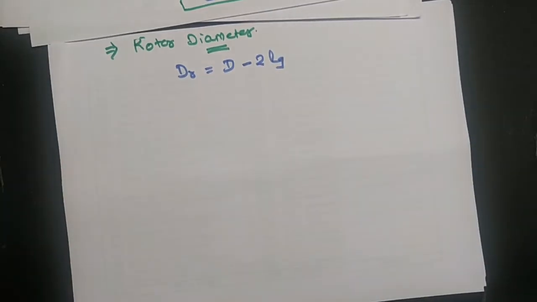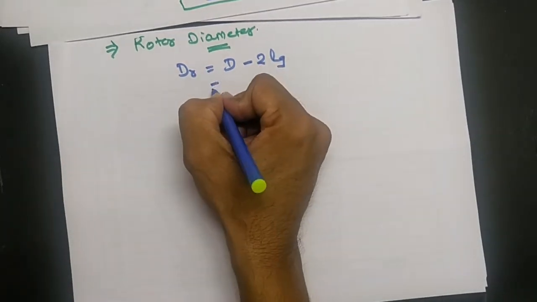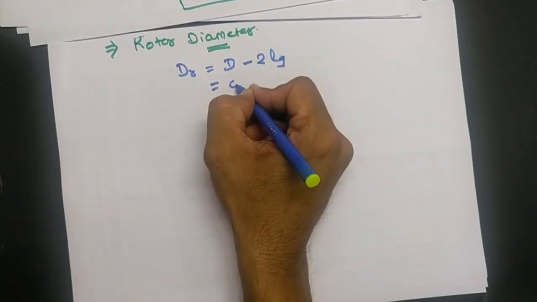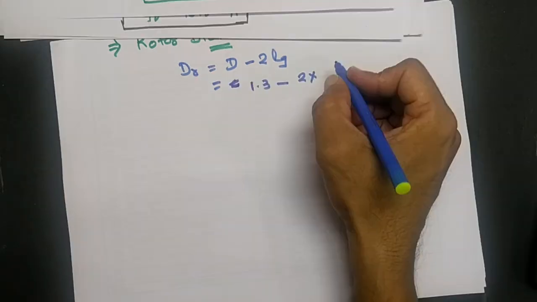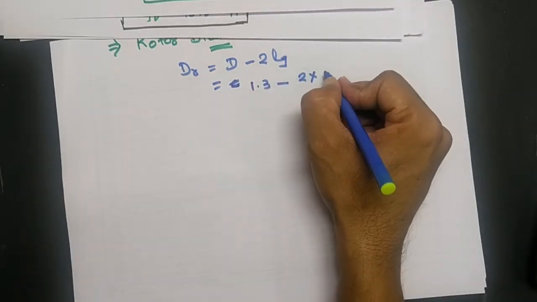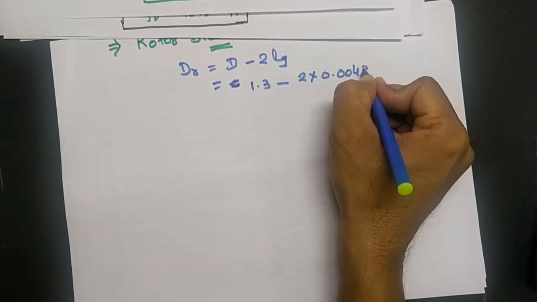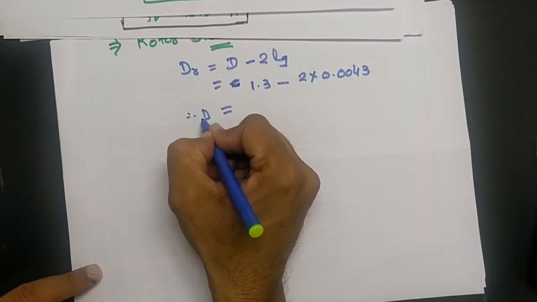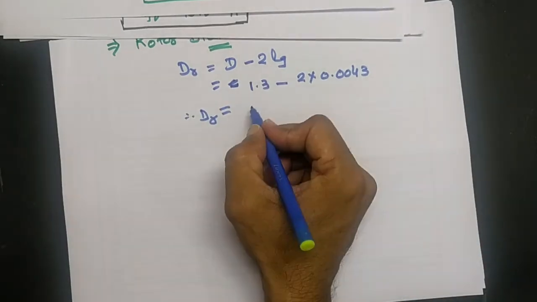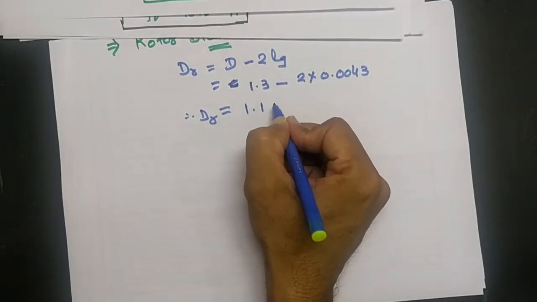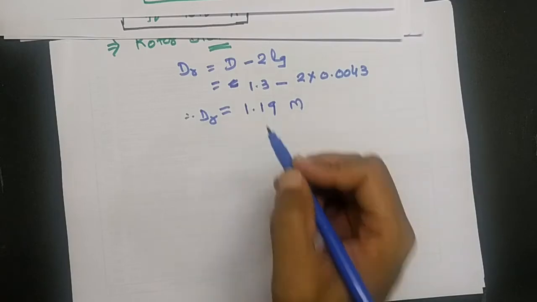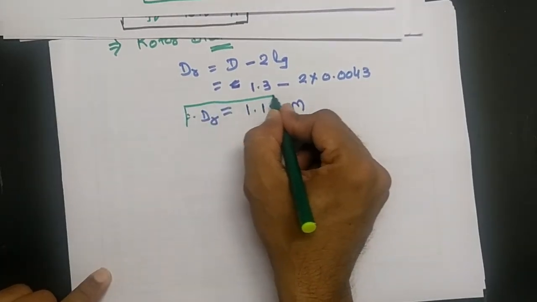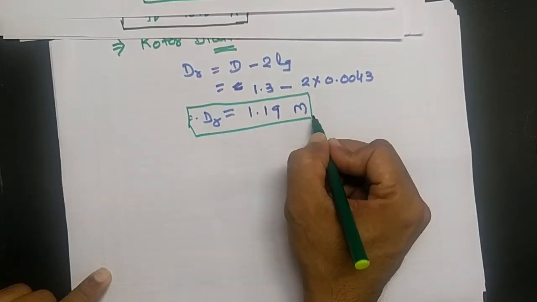The stator diameter is given, and that is 1.3. If we calculate the rotor diameter with lg as 0.0043, then it comes to 1.19 meter. So this is our rotor diameter. We have calculated our rotor diameter and it is 1.19.